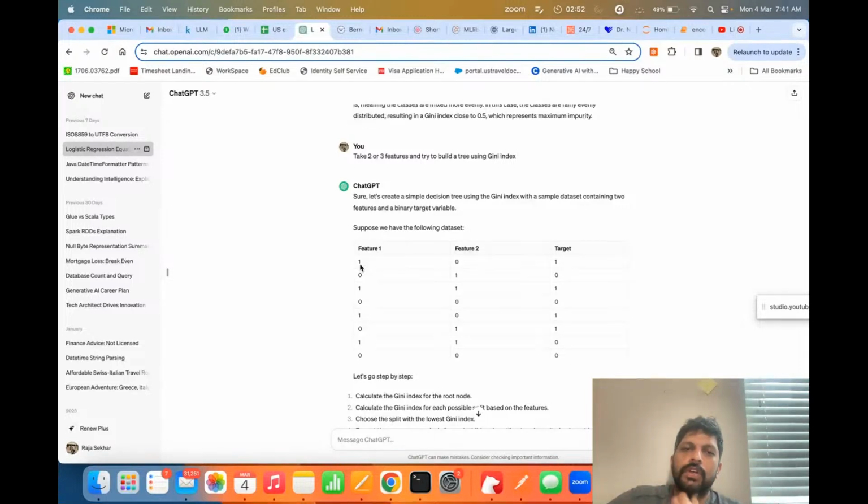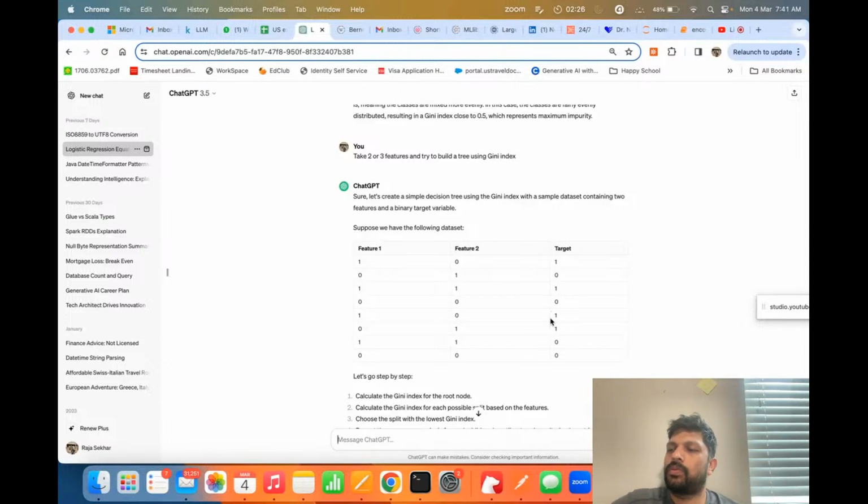Then feature 2 corresponding values need to be picked up. It's 0 1 0 1 1, 1 0 again, and 1 1, and corresponding target values are 1 1 and 1 and 0, right?